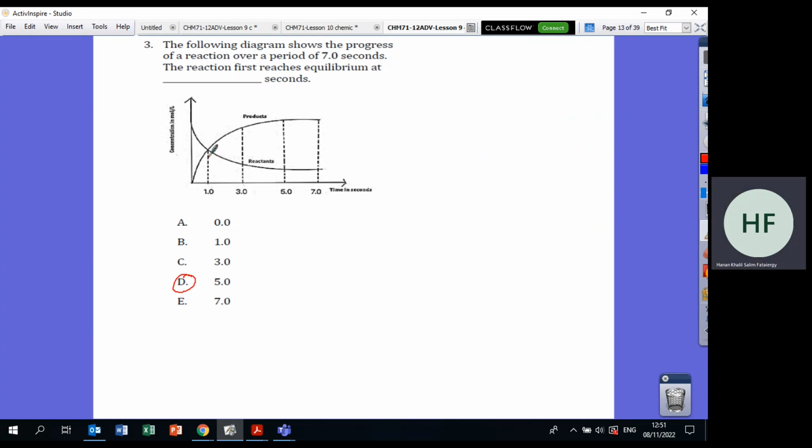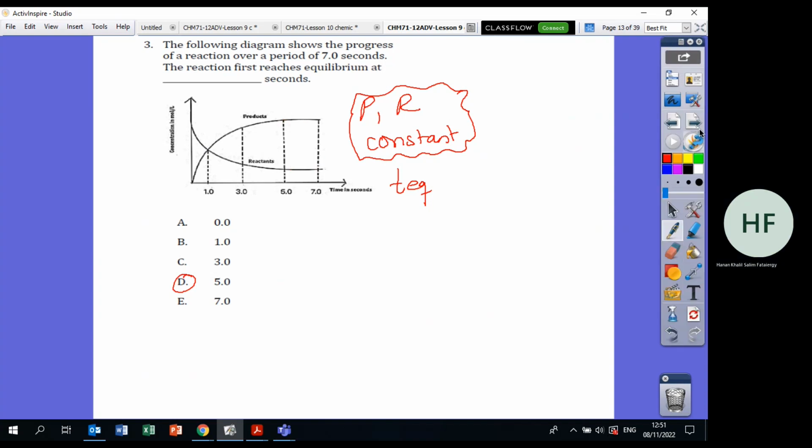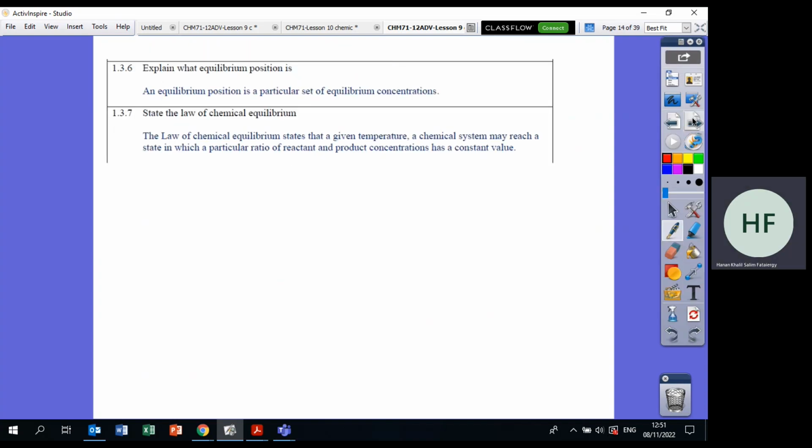Some students get confused and say it's 1. At 1, nothing happens. Even if they intersect here, nothing happens at 1. When products and reactants are constant, this is the time of equilibrium. So the reactants here and the products are constant.